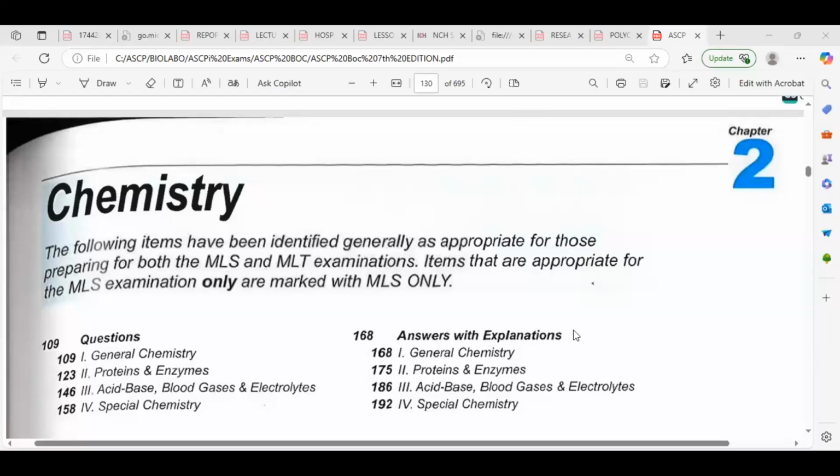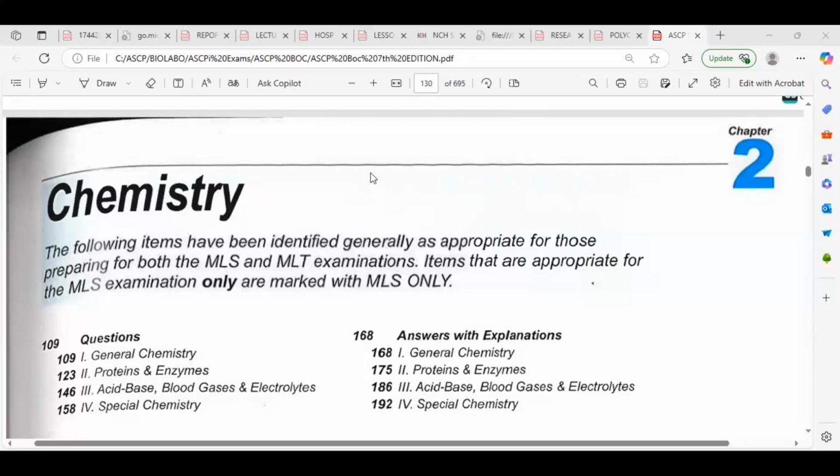Okay. Now, let's discuss this chemistry or clinical chemistry exam, and we try to take our time and discuss. So it's not a lecture. We are going to share our experience and see what ASCP has prepared for us when it comes to the exam.